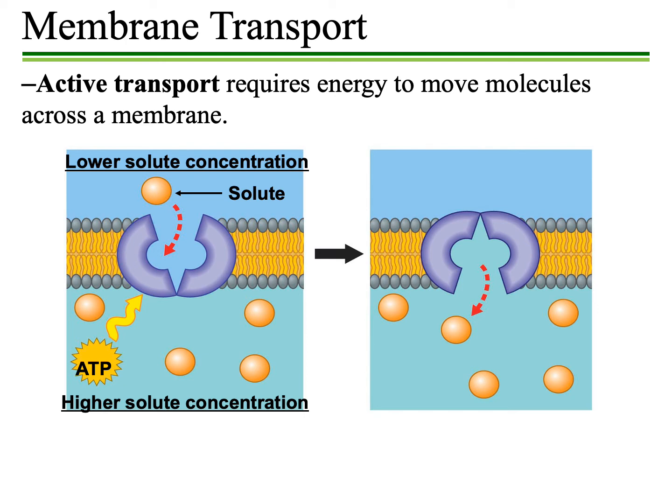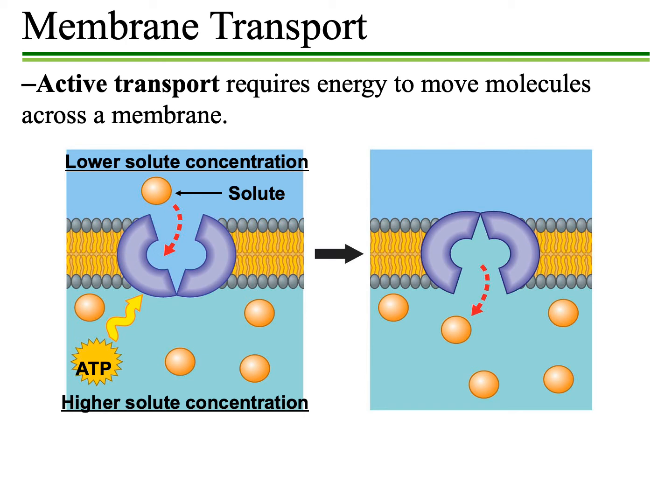So with diffusion, again, you move from an area of high concentration to an area of low concentration. Active transport is going to be a situation where you move against the concentration gradient, from an area of low concentration to the area of high concentration. Because you're moving against the concentration gradient, this is why there is the requirement for an input of energy to allow that to occur.